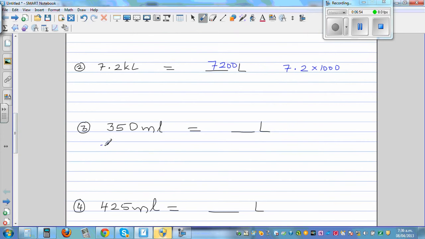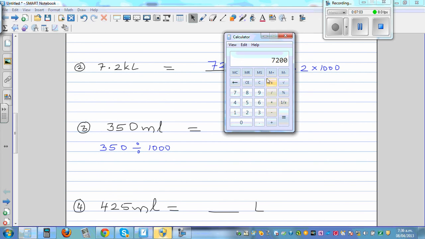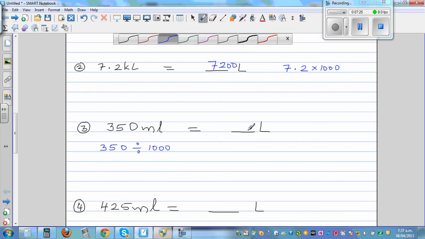So this is 350 divided by 1,000, which is 0.35 liters.